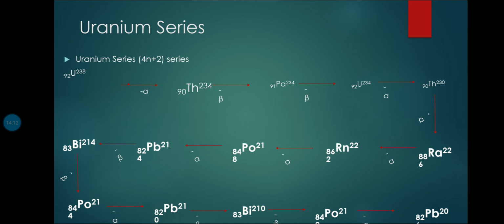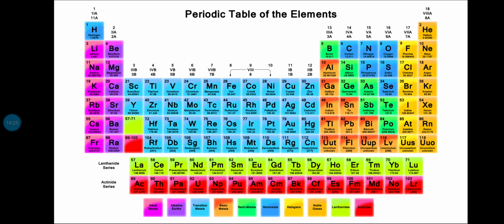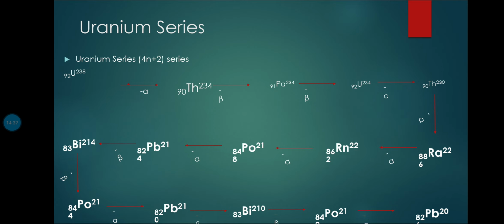And at the same time, the mass number decreases by 4. 238 minus 4 is 234. You see here what happens. Thorium is formed.